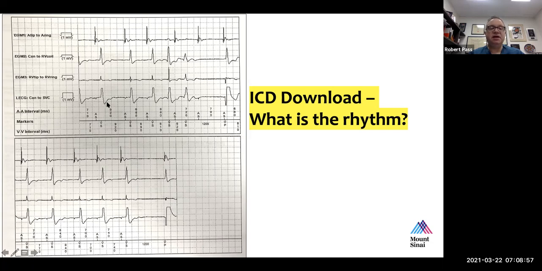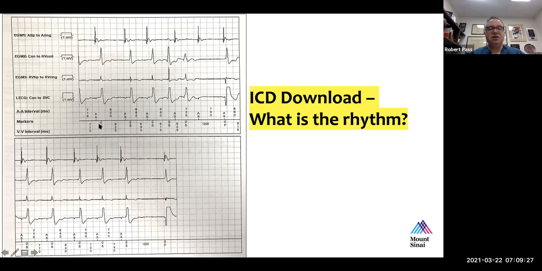The theoretical benefit of an SVC coil is it may lower the defibrillation threshold in a patient, but the reason we generally shy away from them is because it's another area to adhere to the vein, which could make future extractions more difficult. And there isn't really a lot of evidence that having an SVC coil makes a very large difference in defibrillation threshold.